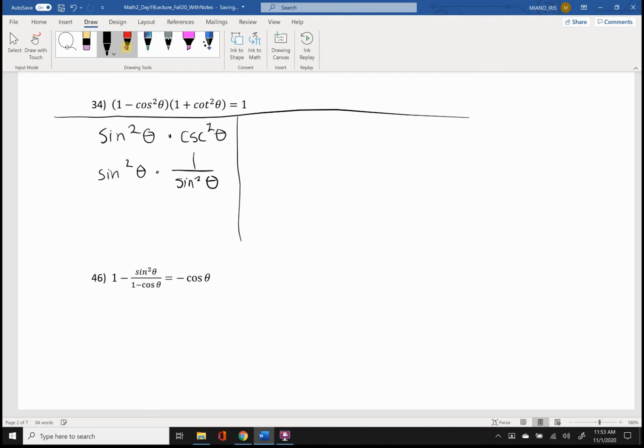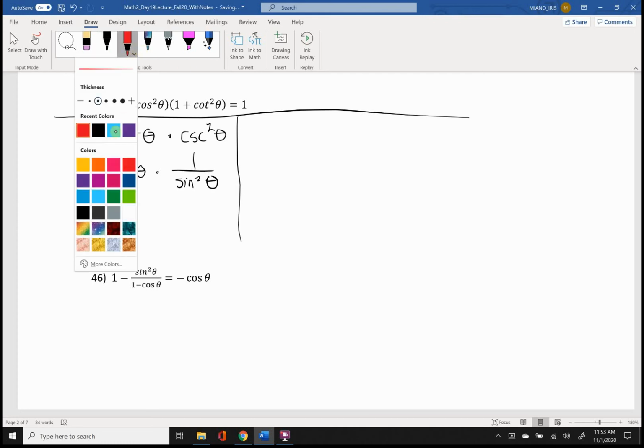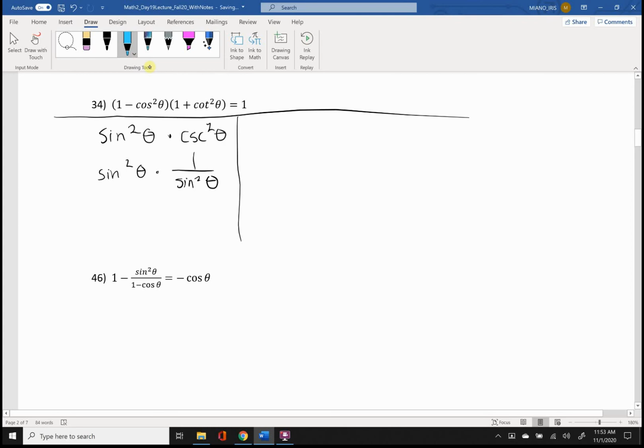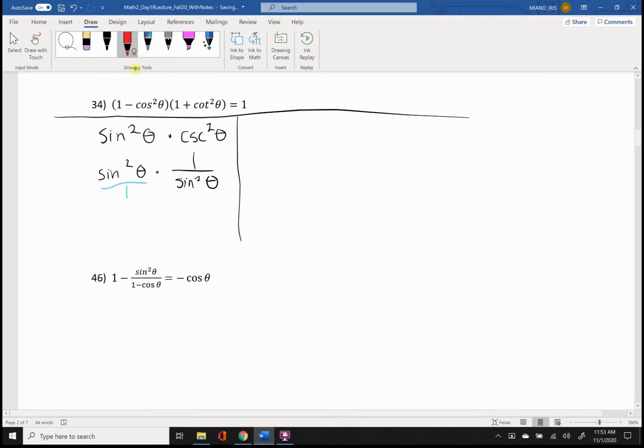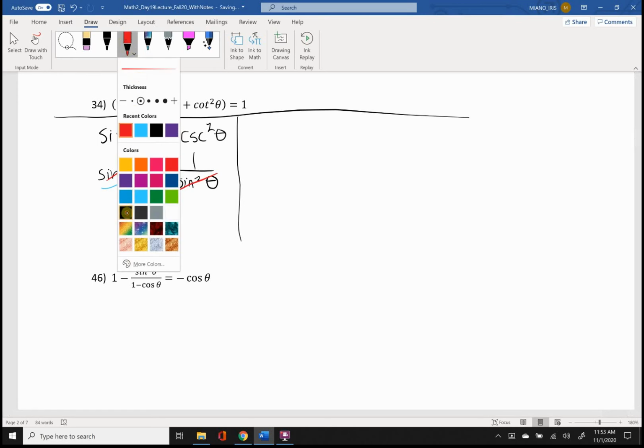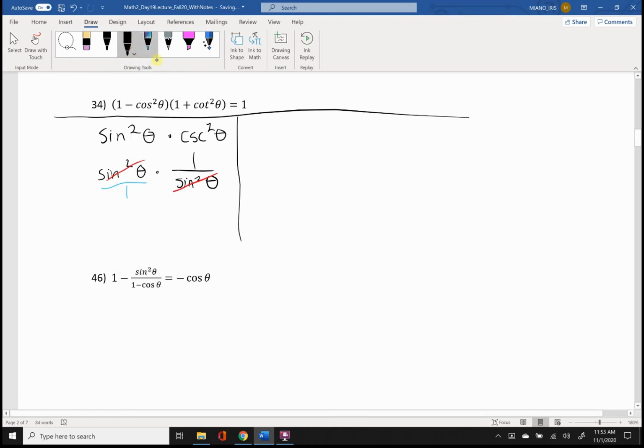And then check this out. Put this over a 1. And then slash, slash, boom, boom, and you are just left with a 1. Fun, right?